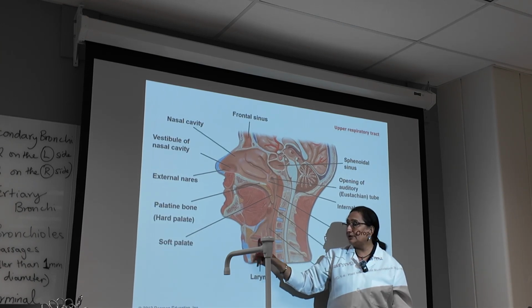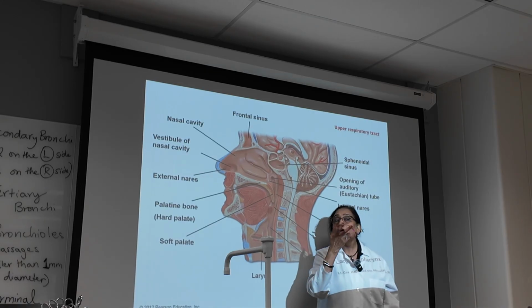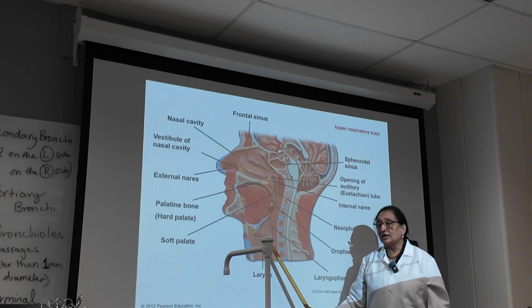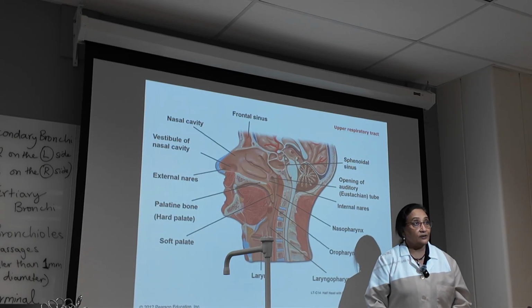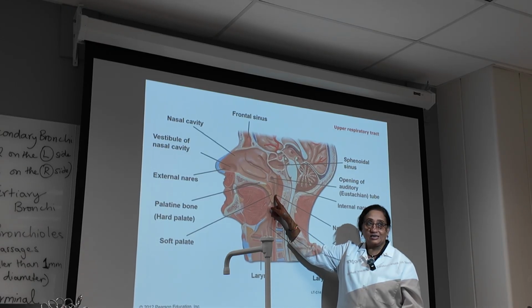Occasionally, food or liquid gets into your larynx, and then what happens? You start coughing. So cough is a protective reflex to remove whatever has entered the larynx. The soft palate also, this is something we don't realize.